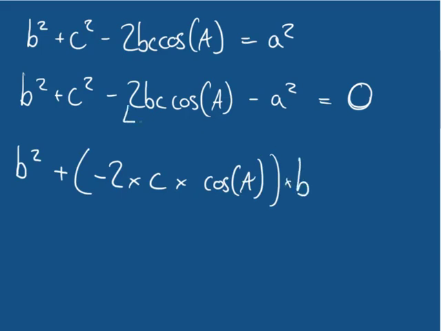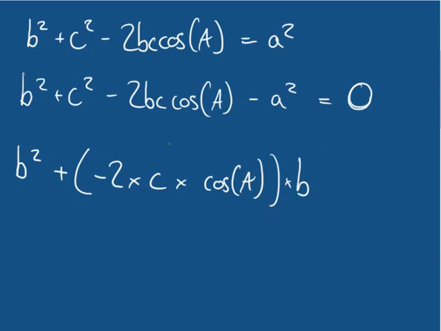So I've taken our minus 2bc cosine of a, and I've rearranged this so that we take the 2, we multiply that by the c, then the cosine of a, and then by the b. Of course, the 2, we must recall, is a minus 2 effectively if we're adding minus 2. And I've put this in parentheses just to separate it from the b.